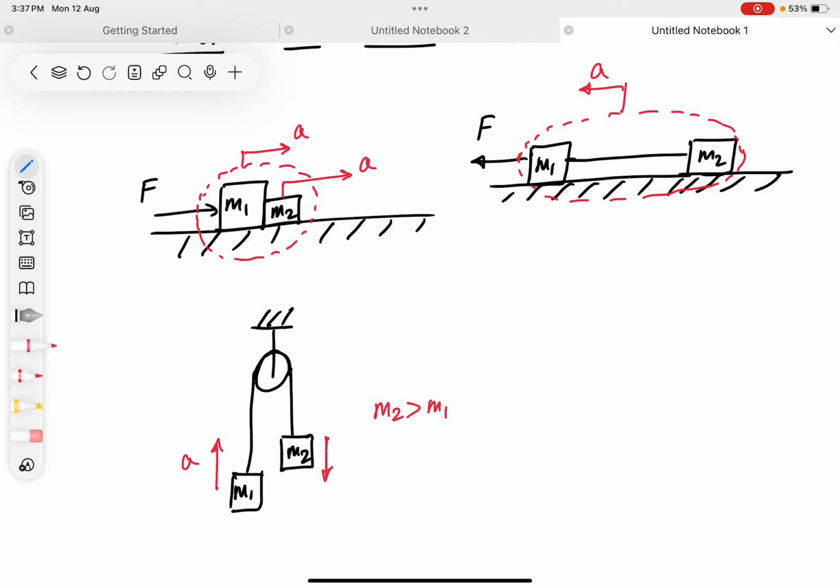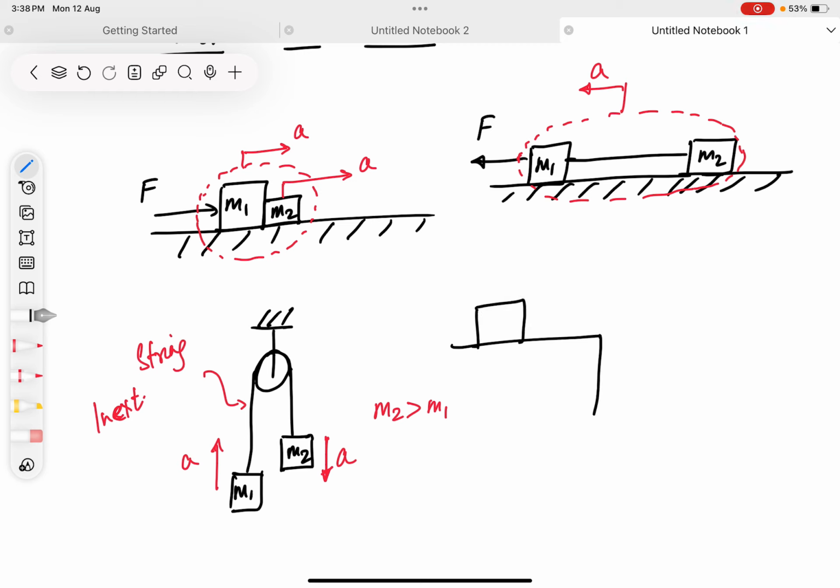Whatever amount M2 moves down, the same amount M1 will move up, because this string cannot break and is not extensible. So the magnitude of the acceleration of M1 and M2 will be the same, because the increase in velocity and the displacement per unit time will be the same for both in magnitude, but opposite in direction. So this one also falls under the category of common acceleration systems, a common magnitude of acceleration.